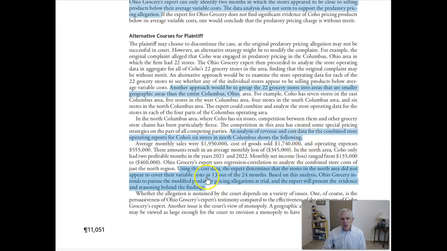The expert seemed to find that in 13 out of the 24 months it appears Coho did not even cover average variable cost. Based on this analysis, narrowing it down just to the north area, a smaller number of stores, and 13 out of 24 months, they decided they were going to pursue this court case. So they started in with the court proceedings.